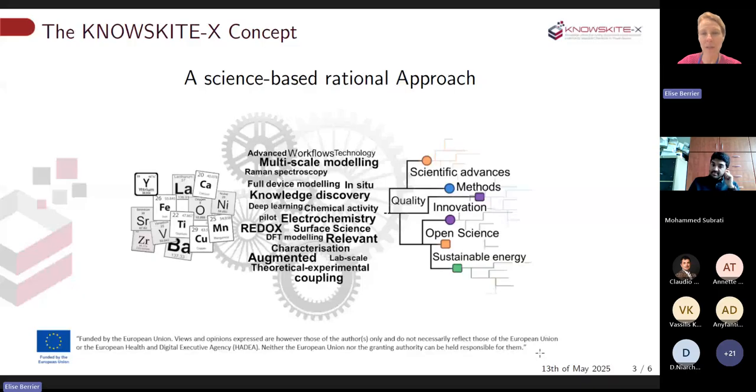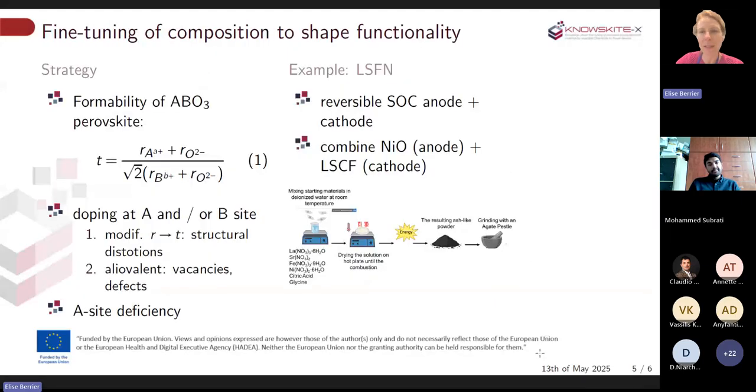In all cases, there are surface-controlled processes, and we really need to fine-tune the texture. So this is an example that has been obtained by our partners in Athens, Greece, at the National Center for Scientific Research, Demokritos.